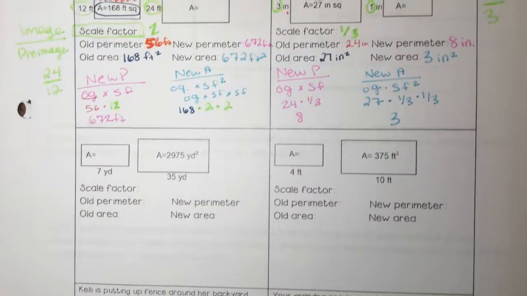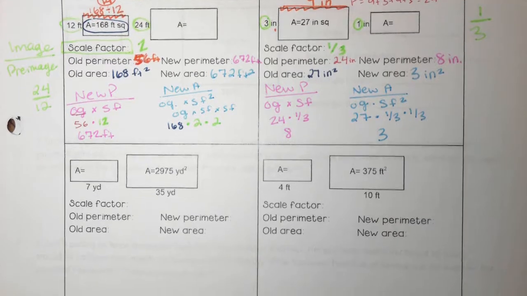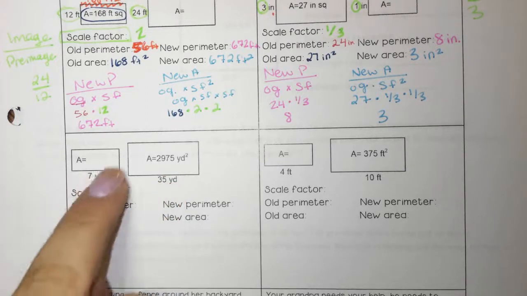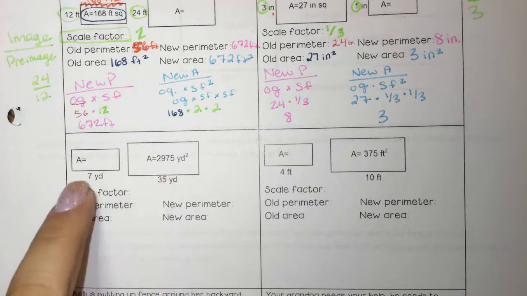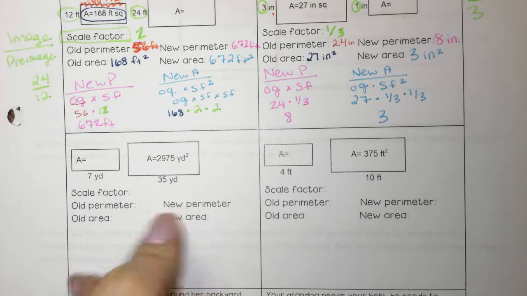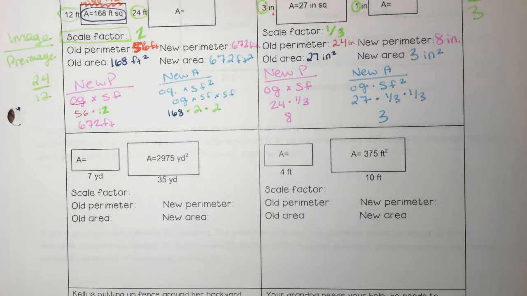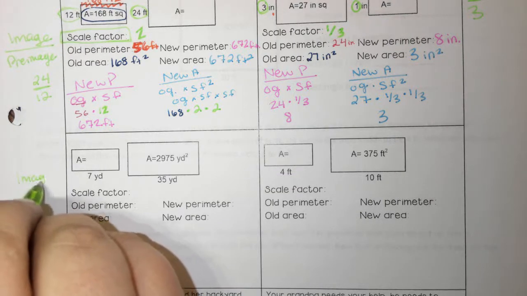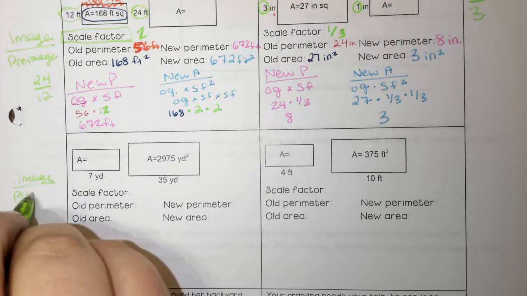Now looking at the middle row of examples, this time we're kind of going backwards from what we just worked with. Instead of giving us the pre-image's area and one side, they've given us the image's area and one side. I'm going to start out by finding the scale factor. The scale factor will be something from my image over something from the pre-image.